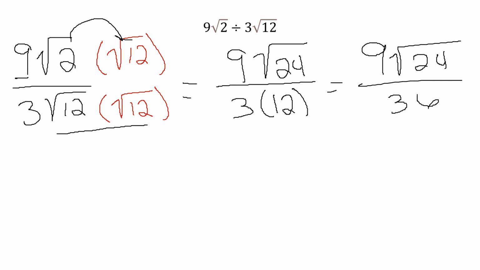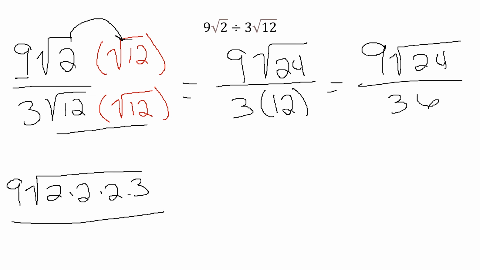So let's simplify that square root of 24. 24 is 2 times 12, 12 is 2 times 6, and 6 is 2 times 3. If I did that correctly, I always double check when I do it in my head when I can. That's 24 over 36. A pair of 2s is going to pull out.